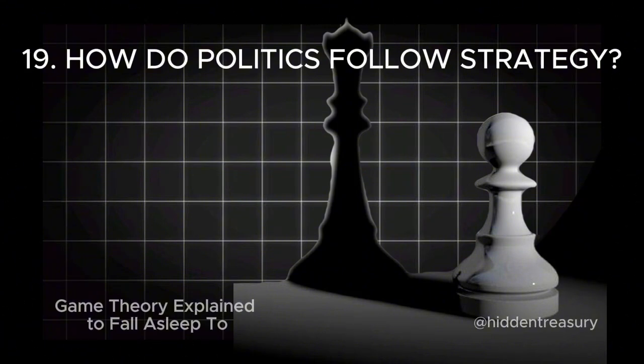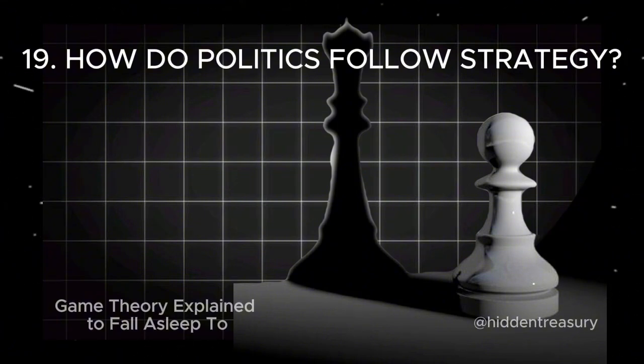Even public statements become strategic tools. A leader might announce they won't intervene, not because it's true, but because saying so buys time or lowers tension. Other times, a bluff is used to force a reaction. These signals, some subtle, some loud, shape how others act.